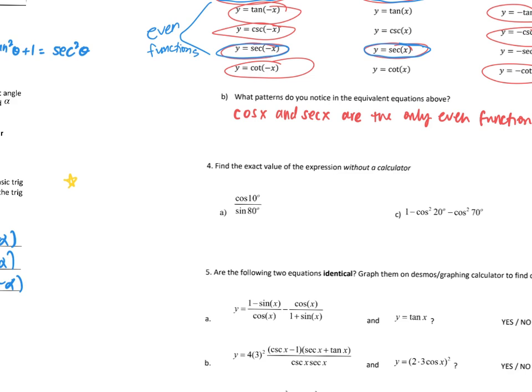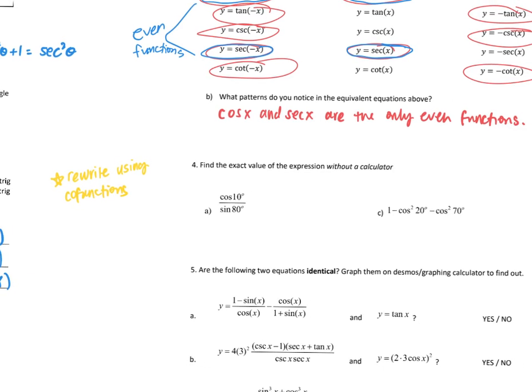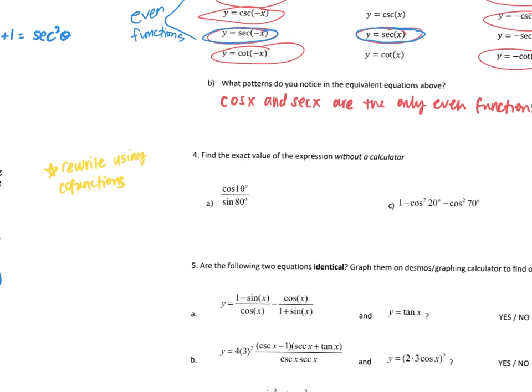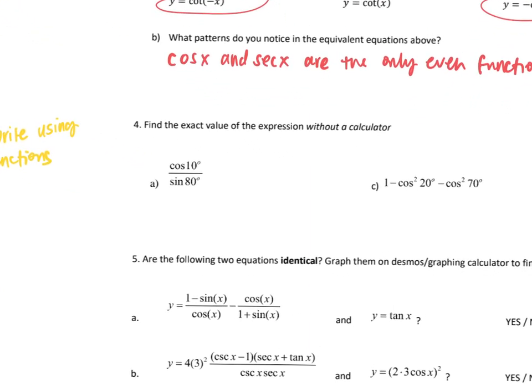Another strategy we can use is to rewrite using cofunctions. So we can rewrite expressions using cofunctions. At some point I'm going to put a list together with all the strategies of how to simplify expressions, but just as we're going along, we're noting them here.